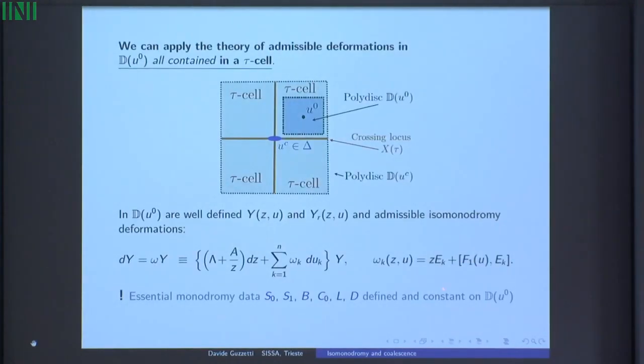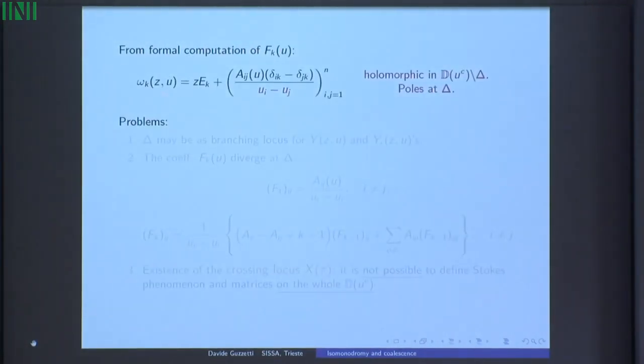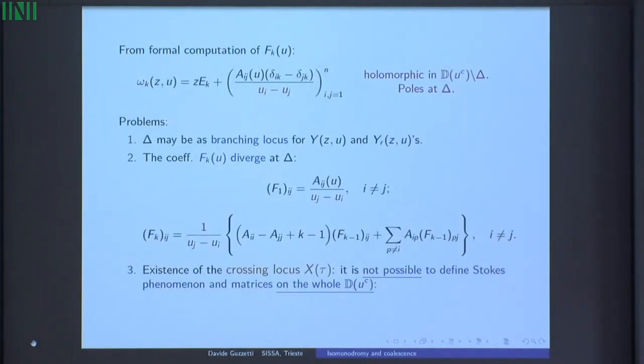Now it's really important to look at this. If you do the formal computation of F, which is a very easy computation, you can find the structure of omega_k. So omega_k is singular at the coalescence locus. There are poles, and so problems arise. Since we have a Pfaffian system with poles, first of all, we may have branching at the coalescence points for fundamental matrix solutions.